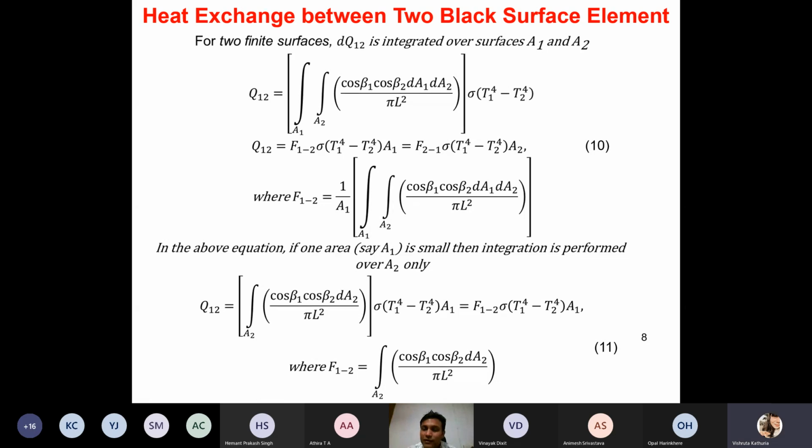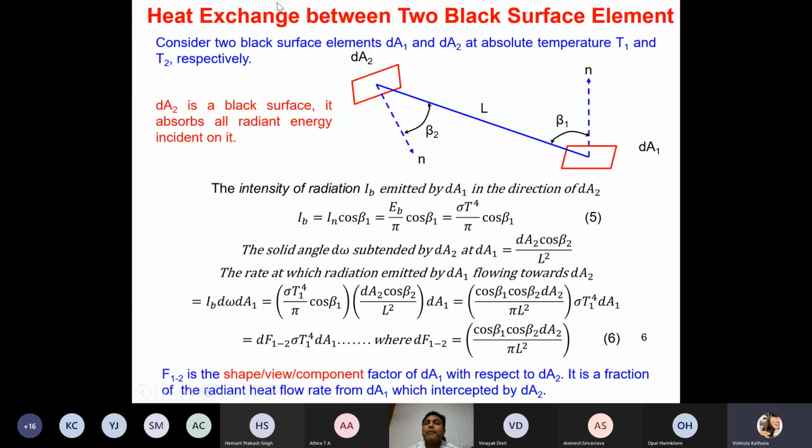But sir, why are we considering it as small? Okay, remember why we have taken the differential surface areas dA1 and dA2. This is a small part of the entire surface area. But if the entire surface area is small, and only a small part is present in, let's say, dA1, then you don't need to integrate with respect to dA1, because that itself is the total surface area.